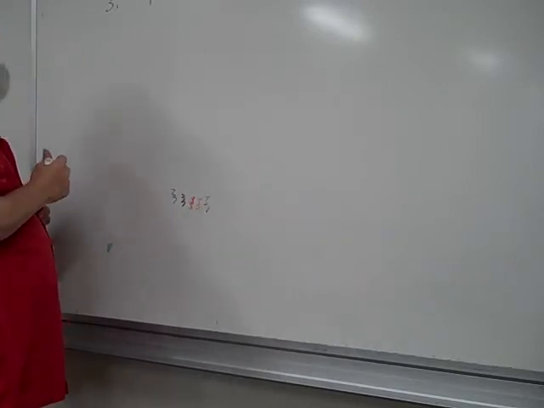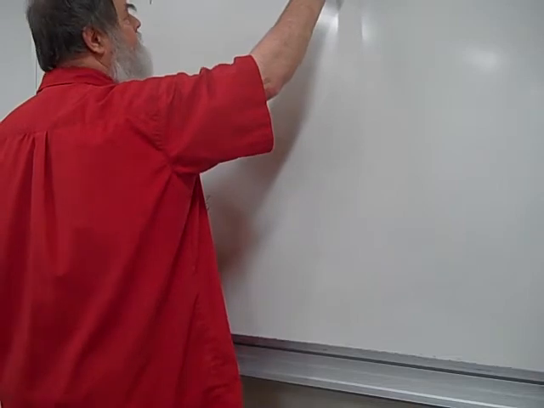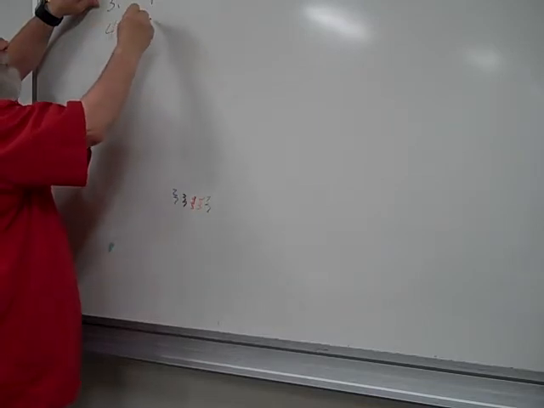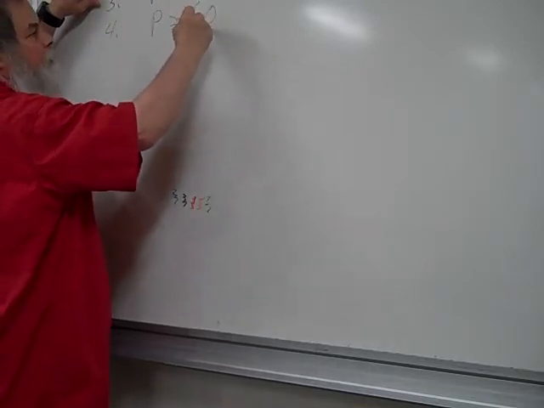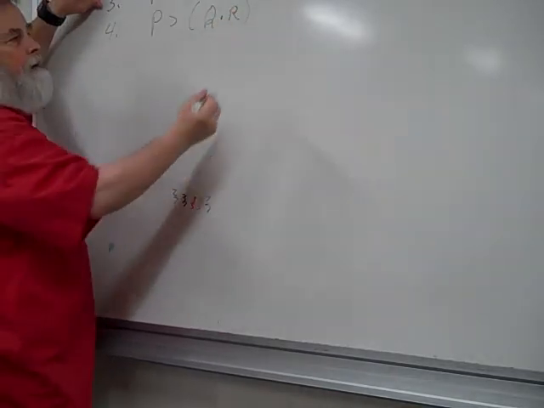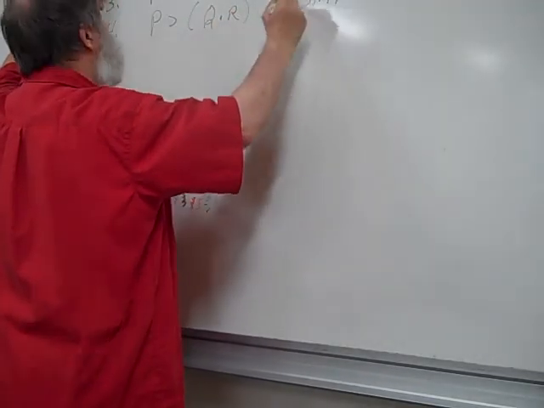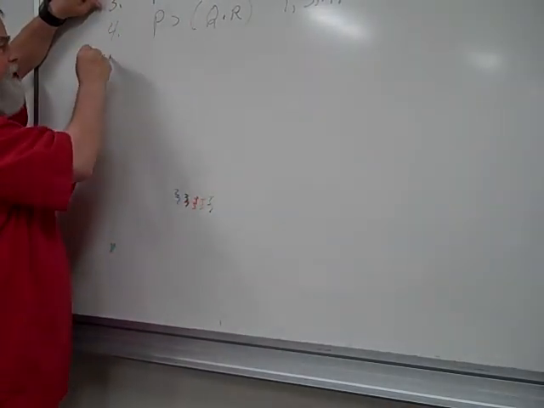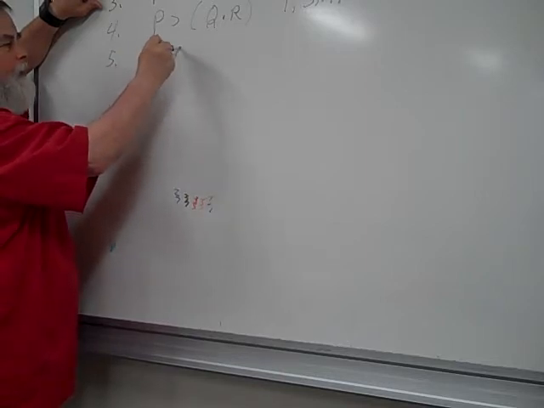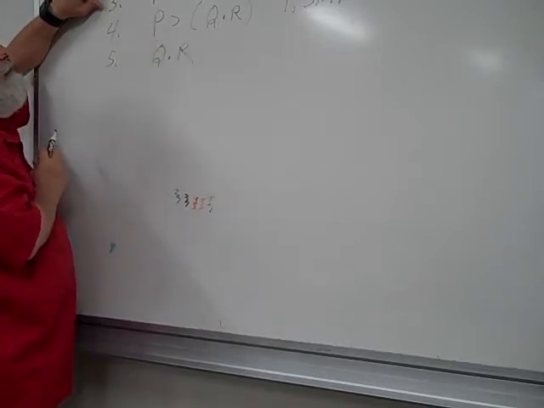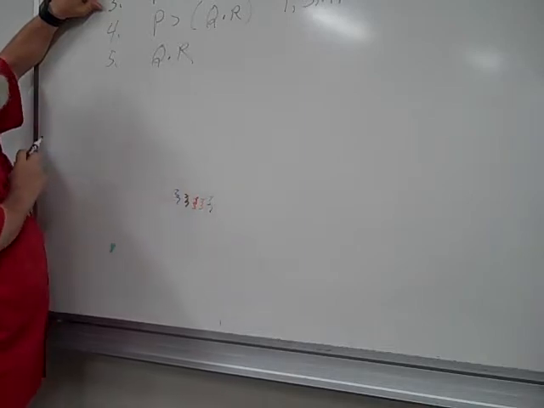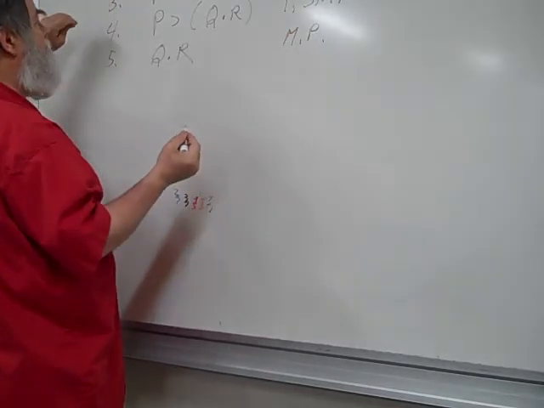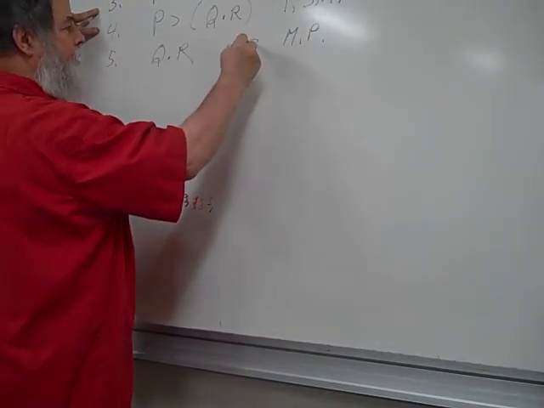Just take out P, simplification from line 2, and 4, I'll have P, then Q and R, simplification from line 1. If P, then Q and R, but I have P, so Q and R. That's modus ponens from 3 and 4.